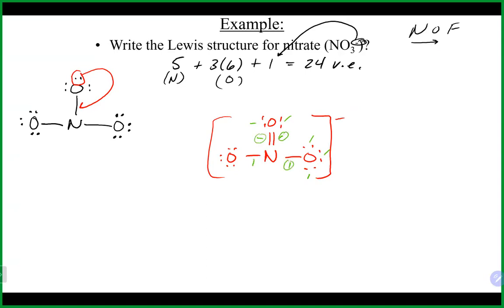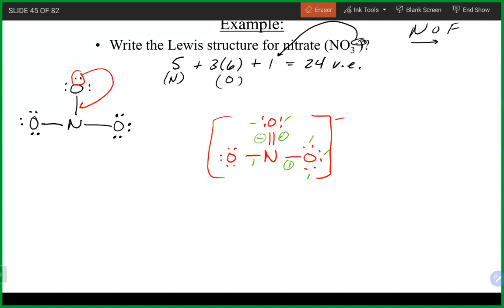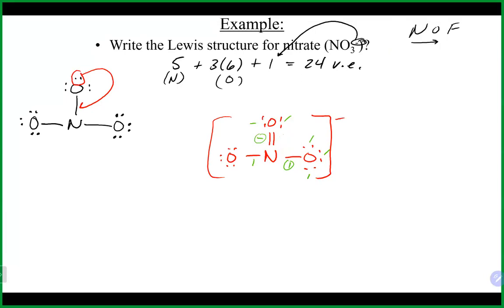So everybody has 8 electrons. We still only have a grand total of 24 electrons, which is what we're looking for in this particular case. Questions on that there?